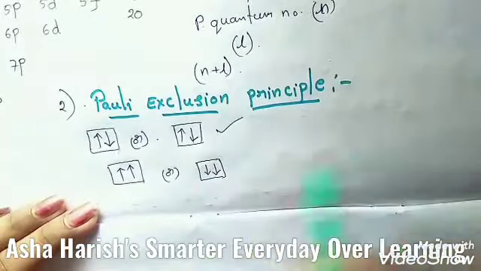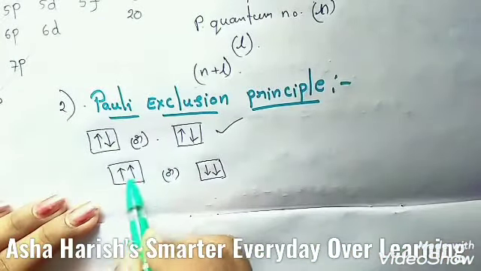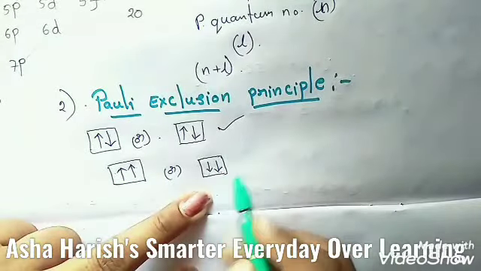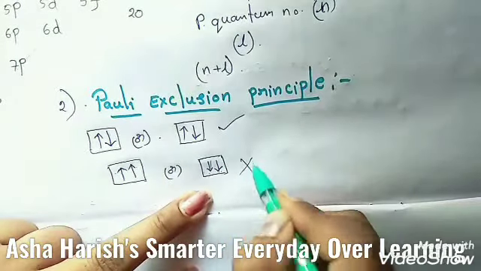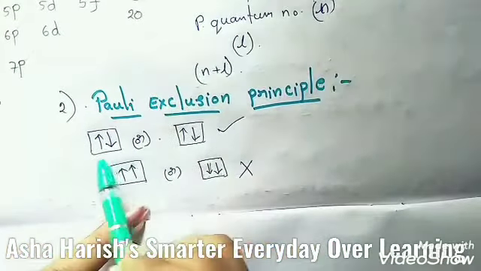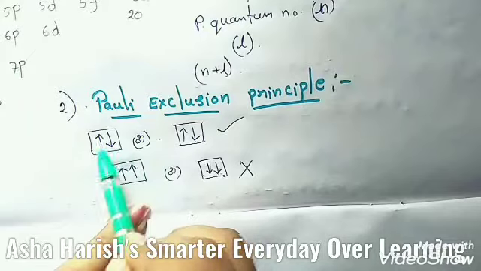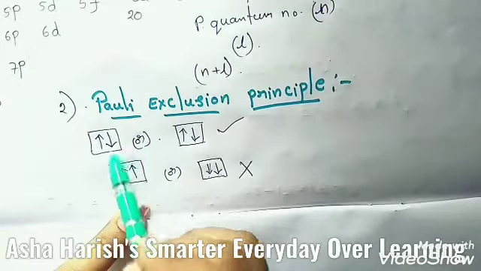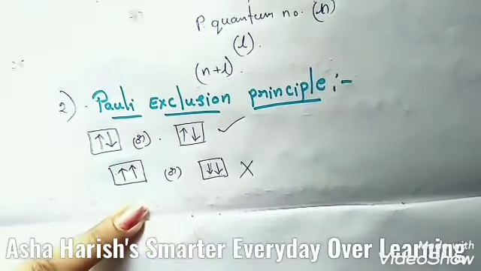If you represent these electron spins, those two in the same upward direction and these 2 electron spins in the downward direction, this is incorrect. So according to the Pauli exclusion principle, both electrons which exist in one orbital must have opposite spins, one upward and one downward.